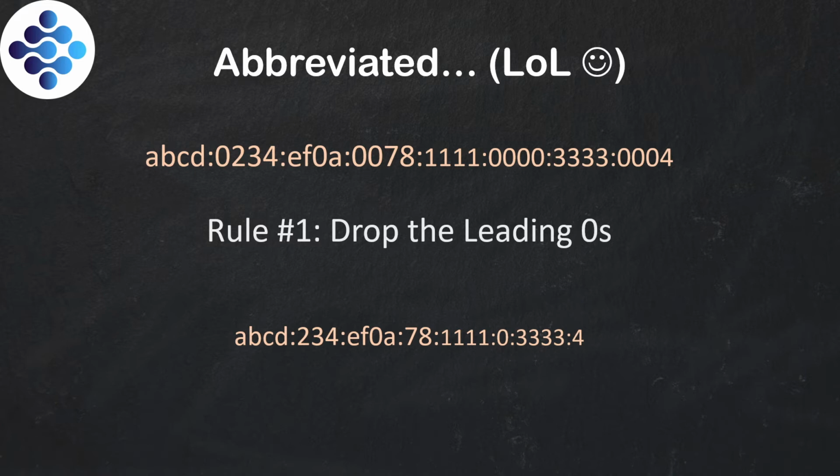So 0000 can be written as just a 0. These 3 zeros can be removed, these 2 zeros can be removed, this 1 zero can be removed. This leads to the final answer ABCD 234 EF0A 7811 11, this is 0, 3333 and 4. Right? Quite easy. Drop the leading zeros.